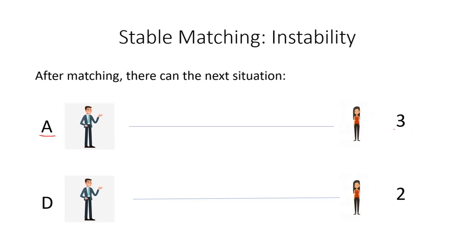Boy A got married with girl 3, and boy D got married with girl 2.